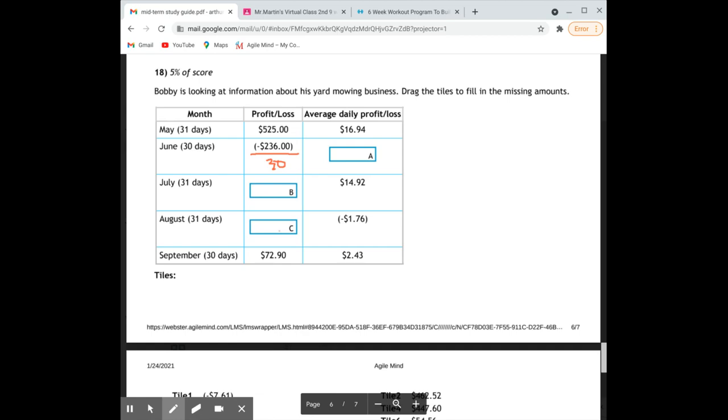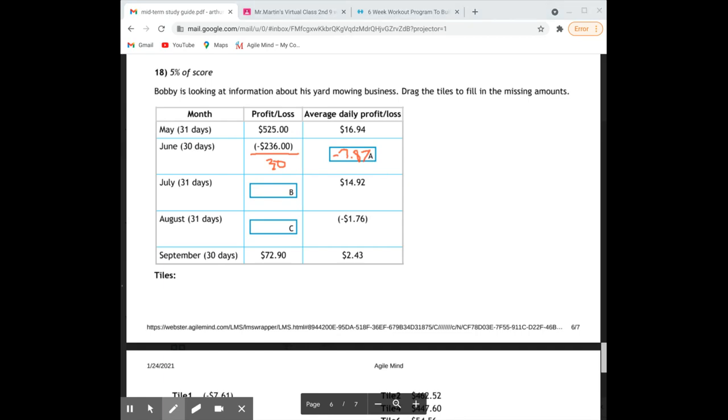So what did you get? For that one, I got negative 7.86. All right, and since it's an 8 and then a 6 after it, it'll round to what? 7. Good.